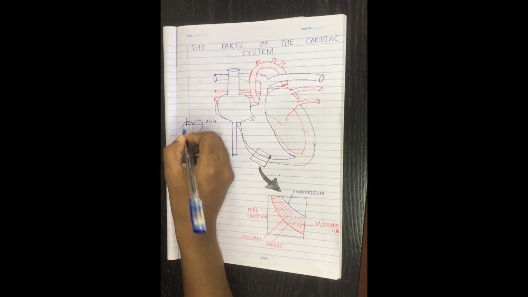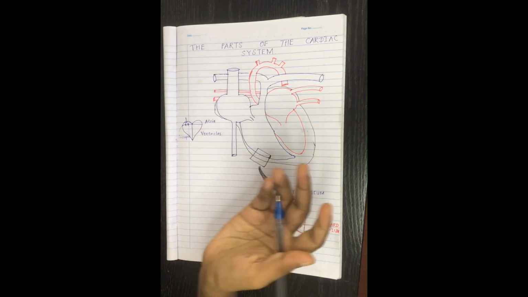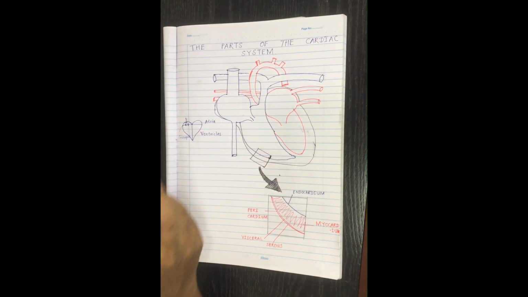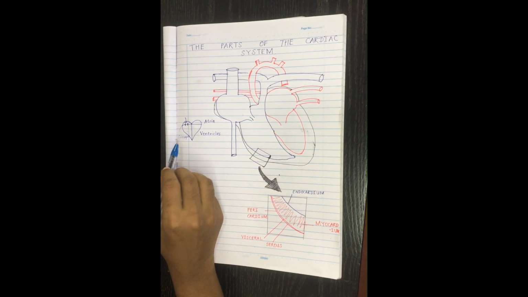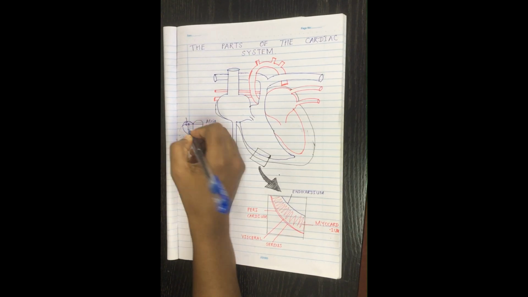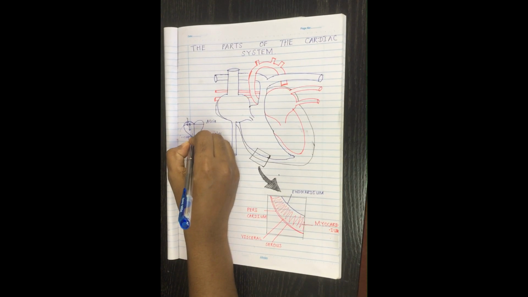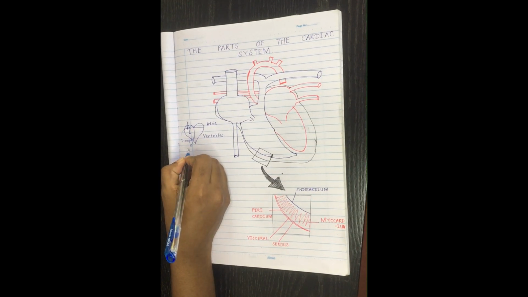Here you can see the tricuspid valve. It looks like cusps, and there are 3 cusps, so we call it tricuspid. Then it flows through this tricuspid, and this blood goes to the body.